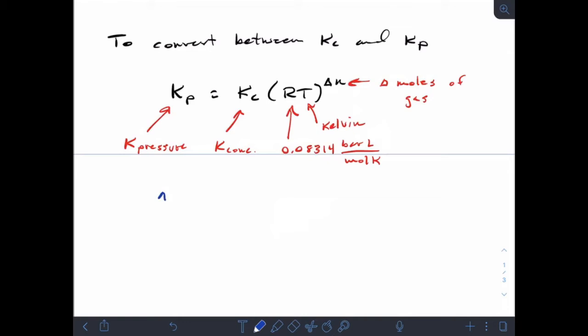Anytime we see delta, we're talking about final minus initial. So in this case, we're talking about product moles of gas minus reactant moles of gas.